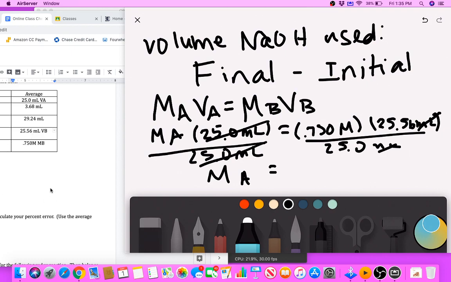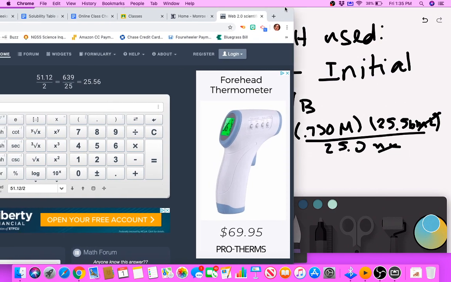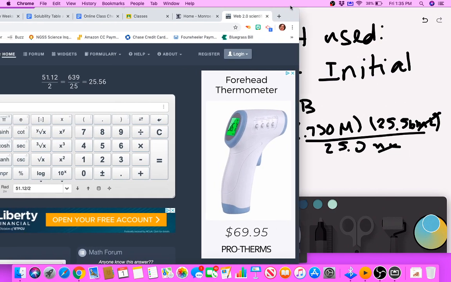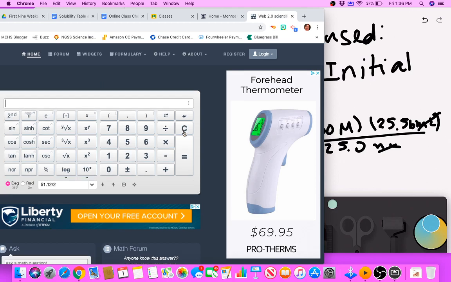So we've got to substitute this into our calculator. I'm going to have to move this back over a little bit so that we can see our answer. We're going to do 0.750 times 25.5 equals, and then divide by 25.0. Wait a minute, guess what I didn't do again, guys? Oh, I make myself so mad. Got to clear it out.